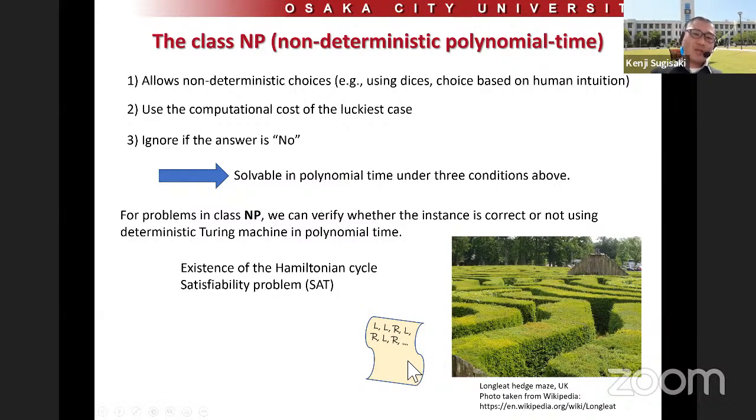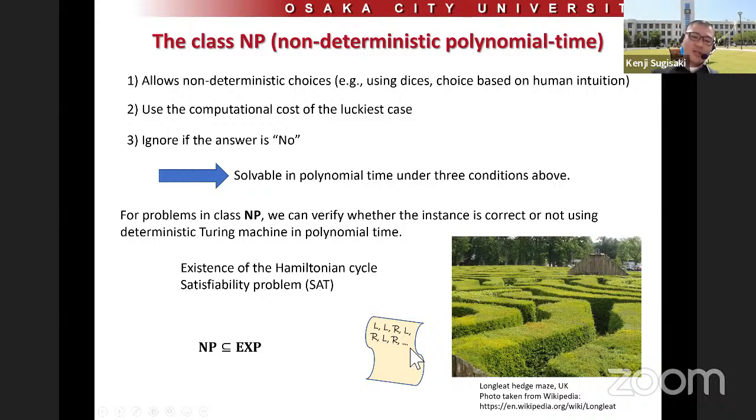And the problems in class NP include the existence of a Hamiltonian cycle and the satisfiability problem. You can easily understand that NP problems are included in the class exponential.